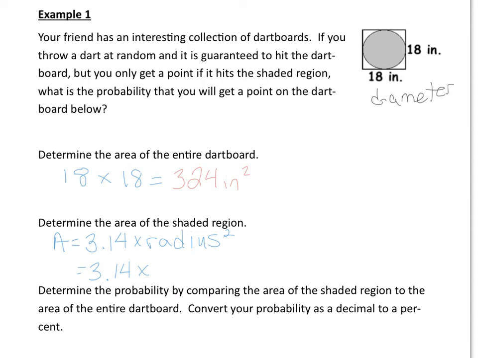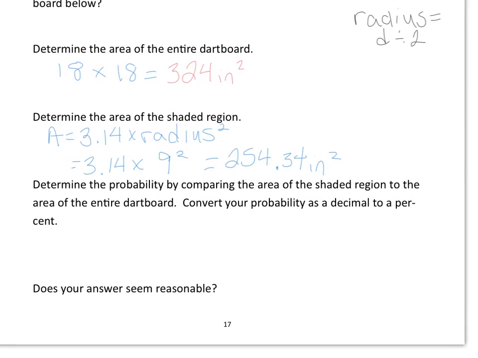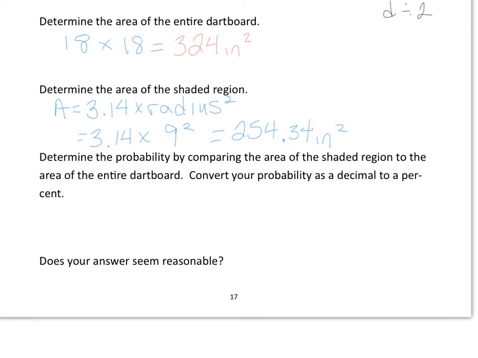To get the radius, you have to take the diameter and divide it by 2. So in this case, our radius would be 9 because all the way across is 18, halfway would be 9. So to find the area of the circle, we're doing 3.14 times 9 squared, and we get that that is 254.34 inches squared. We don't want to round anything yet because if we round in the middle of the problem, it's going to alter the decimal point for our final answer.